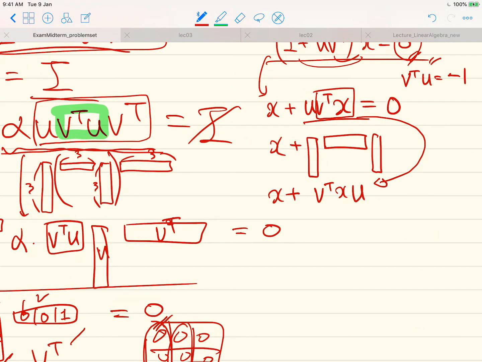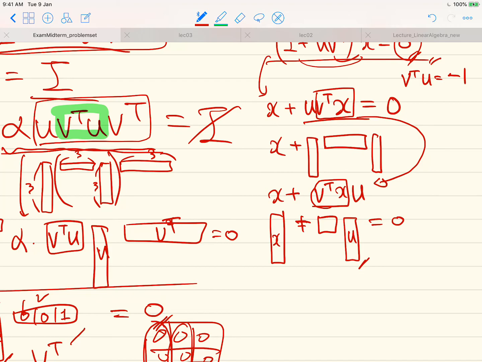Okay, so the student gave the solution, which is insightful. So we have the x over here, and it is this scalar, which is this V transpose x and U, right? And then it should be 0, and we know that U is a non-zero vector, right?